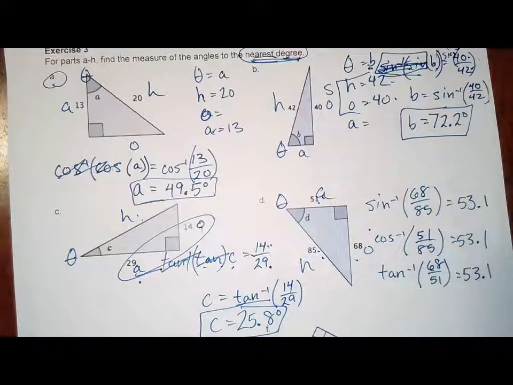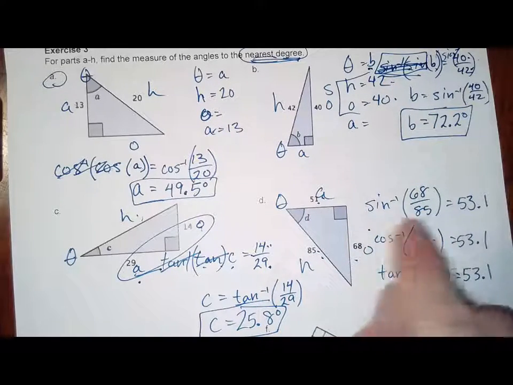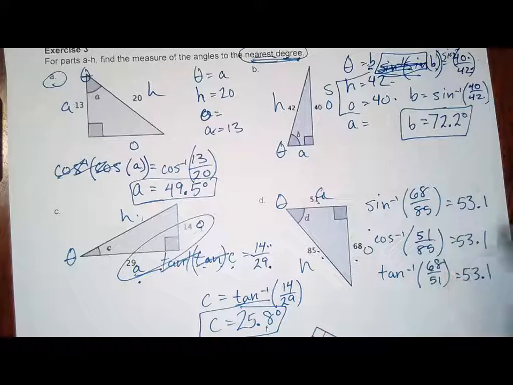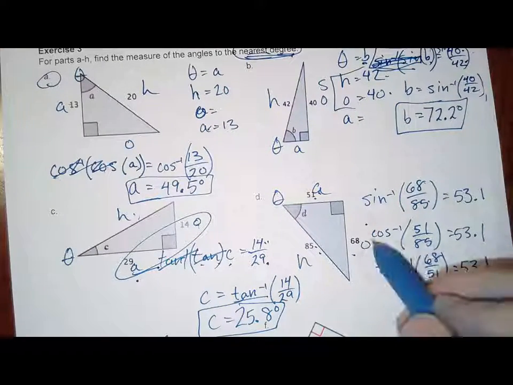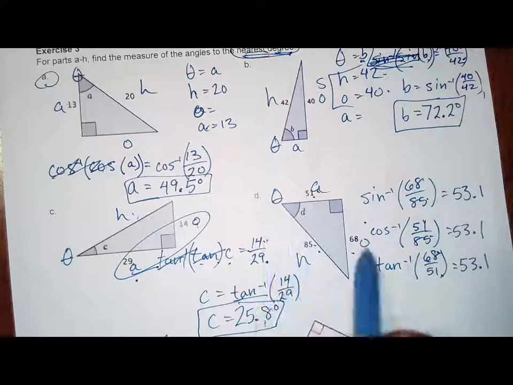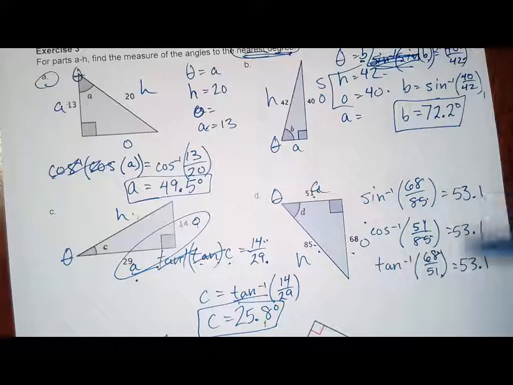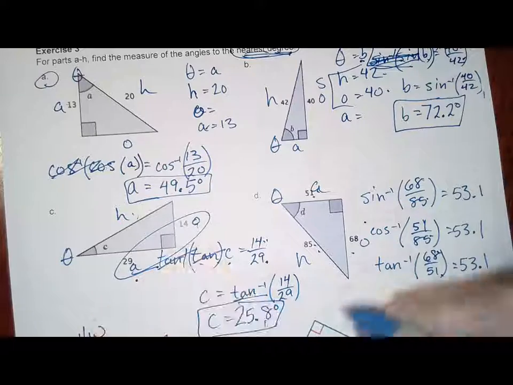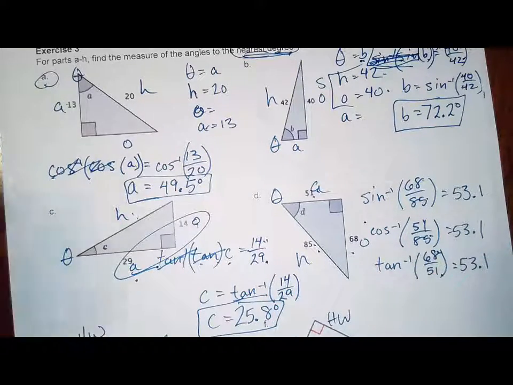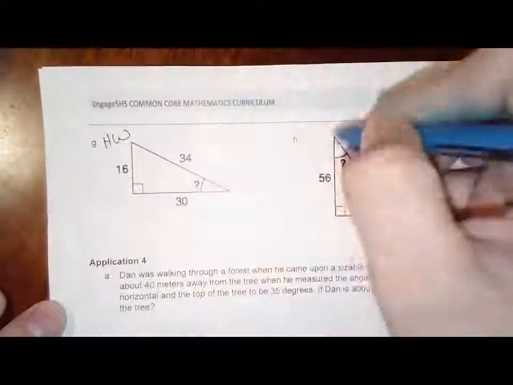I really firmly believe that no matter which pair of sides I choose, as long as I'm choosing the correct OH, AH, OA, Oprah has a huge old afro that the ratios of the sides used with their inverse trig will all give you the same angle measure. You need to do E for homework and F for homework. Let's go to the next page. You need to do G for homework and H for homework.